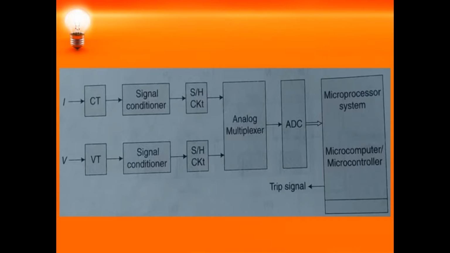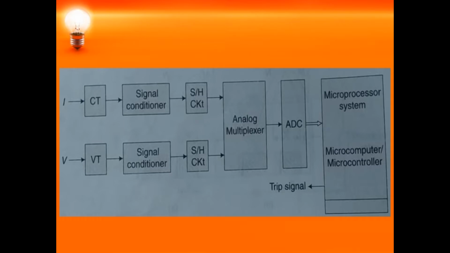Next is the DSP based overcurrent relay, wherein a digital signal processor performs the function of the relay. Similarly, in an FPGA based overcurrent relay, the FPGA performs the function of the overcurrent relay. In ANN based overcurrent relays, we have a properly trained and tested artificial neural network which is used for processing the sampled digital signal, and it accordingly makes the trip decisions.